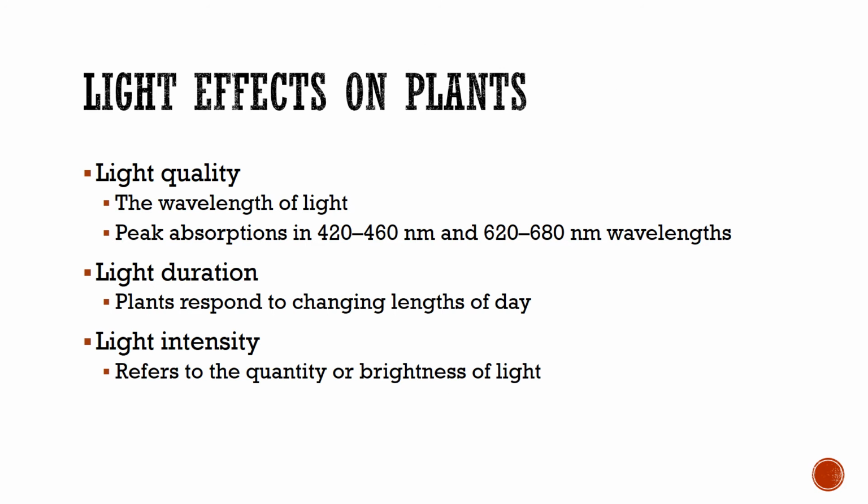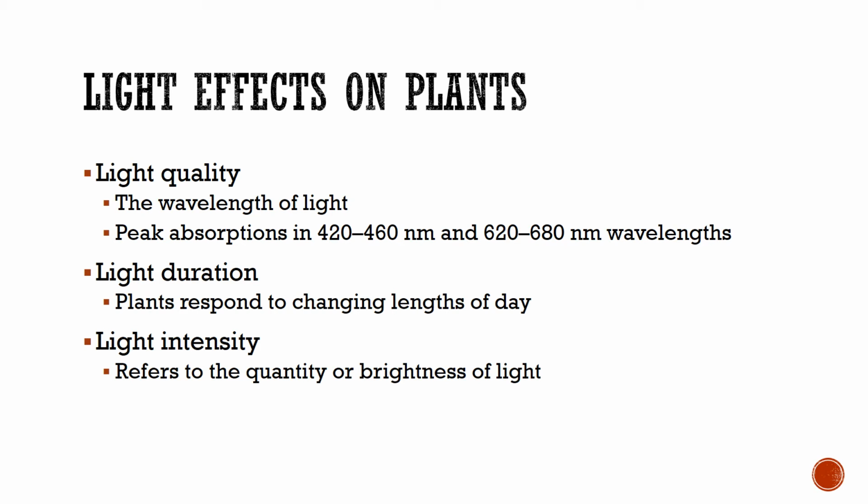So now let's look at light effects on plants. We know the tilt and the different equinoxes and solstices, but how does that affect what we grow? Of the big three, light quality is really important, because we need the wavelength of light that will help that plant grow to its greatest ability.